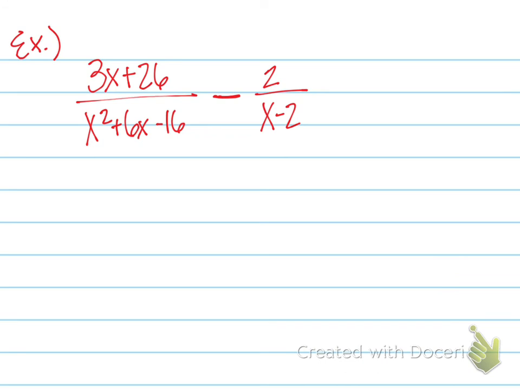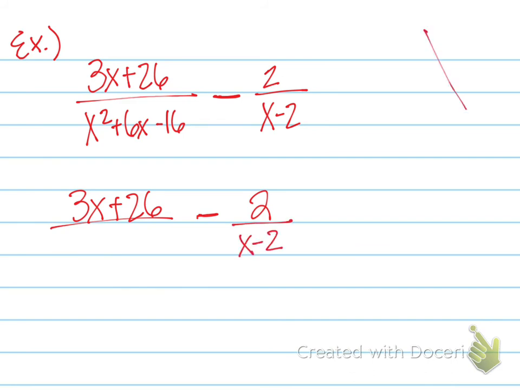Factor the numerator and factor the denominator. Can I factor the numerator on the left side? Nope. Can I factor the denominator on the left side? Yes. Can I factor the number 2? No. Can I factor x minus 2? No. So we just need to factor the denominator on the left side.